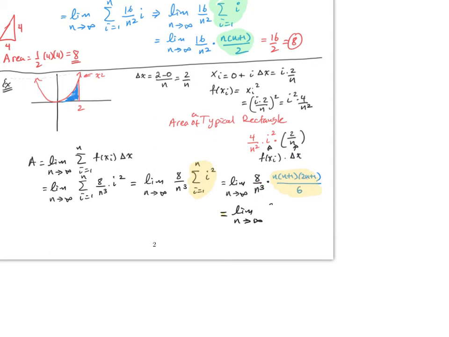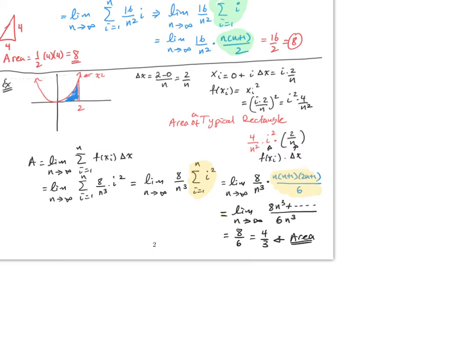The top will be 16n cubed plus something else, which you don't care about. And in the bottom, this is 6n cubed, which you do care about. So now notice that the degree is the same. So therefore the limit is going to be the ratio of the two leading coefficients. So therefore the limit will be 16 over 6, or 8 over 3. And this will be the area.